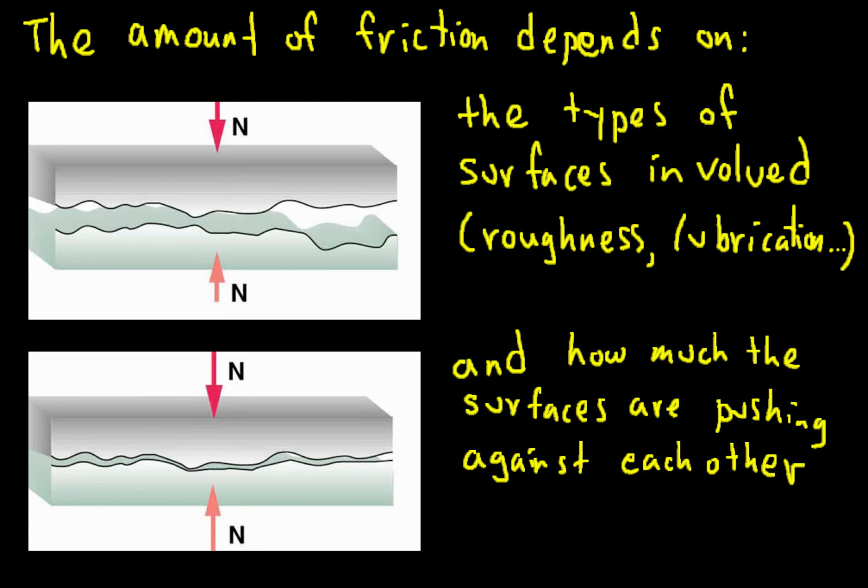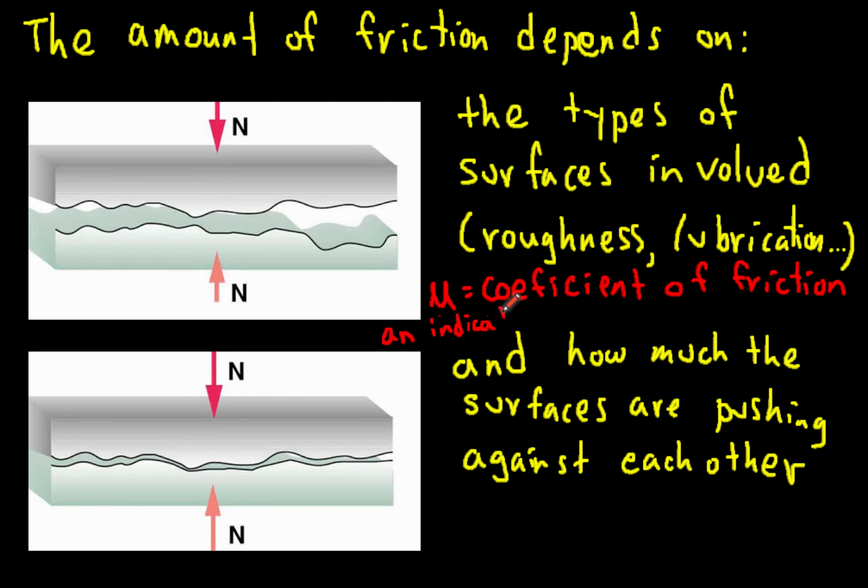The types of surfaces involved are given mathematically by a number we call the coefficient of friction. This is given by the Greek letter mu, which is a U with a tail on each side. Coefficient of friction is a number that indicates the stickiness of the surface involved.